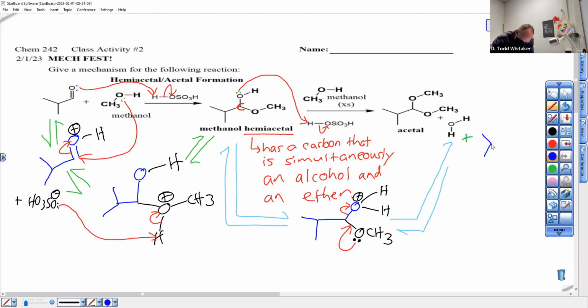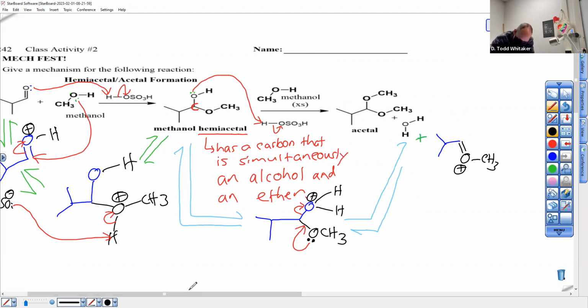Isopropyl. Double bond to O here. And I will write activated carbonyl here, just to jog your memory about what to do next. You had an activated carbonyl on the far left of the screen. What did you do next then?